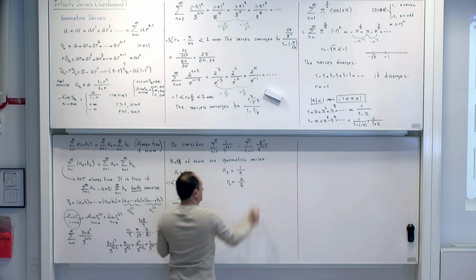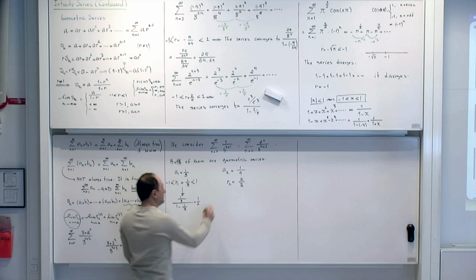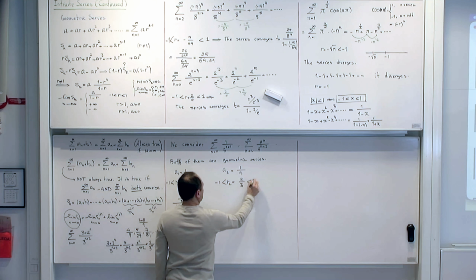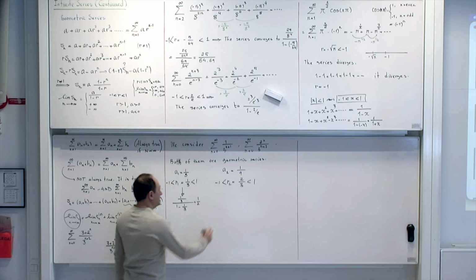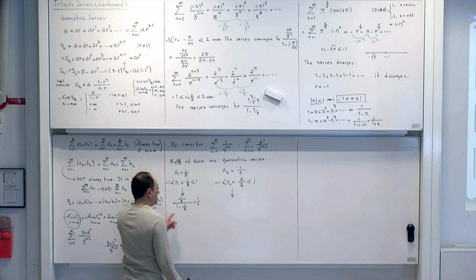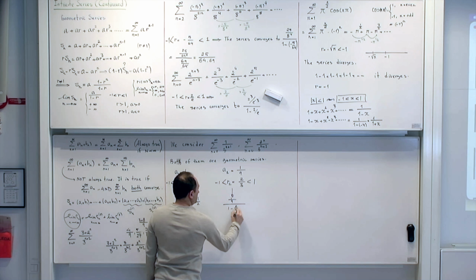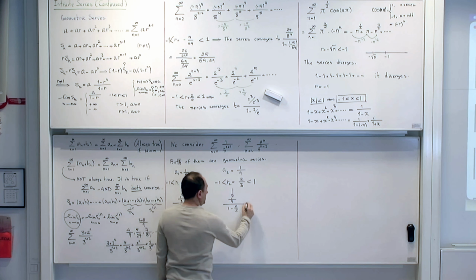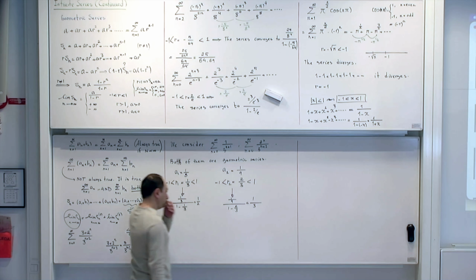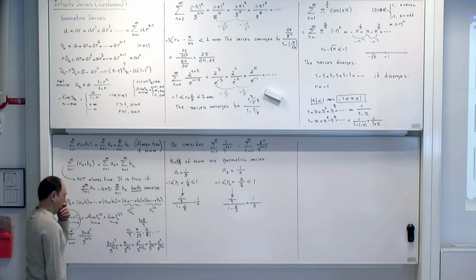Are you with me or not? Yes. Okay. And then is it convergent? Again, yes. It converges to what? It converges to 1 over 9 divided by 1 minus 2/3. And if you multiply by 9, you get 1 over 9 minus 6, which is 1 over 3. Am I right? Yes.